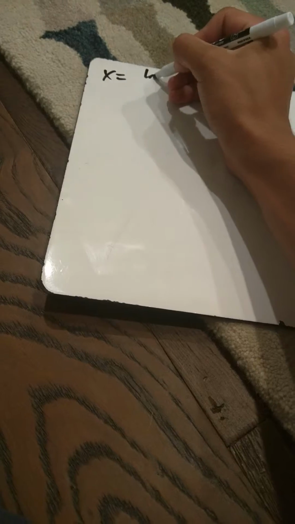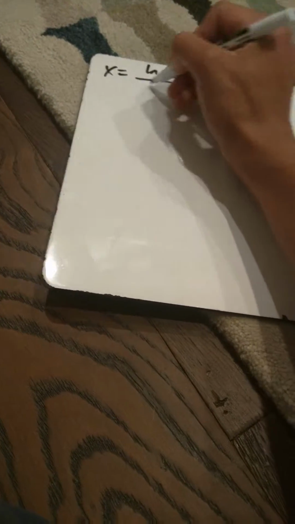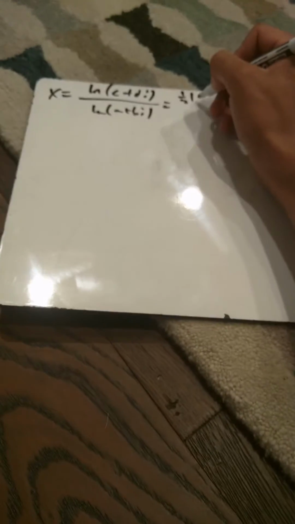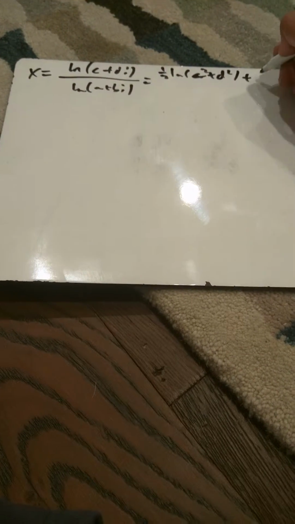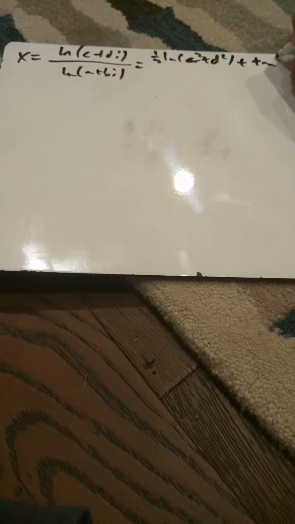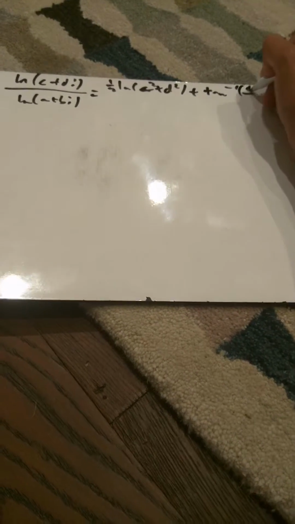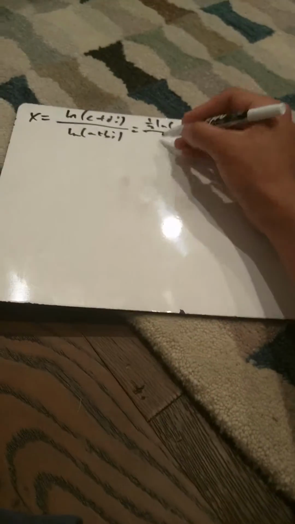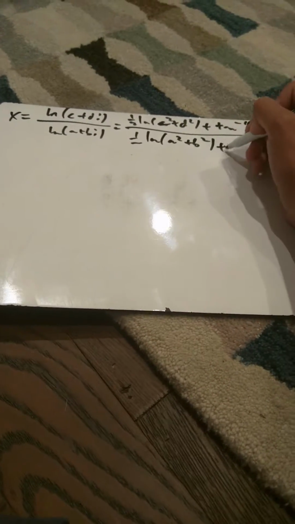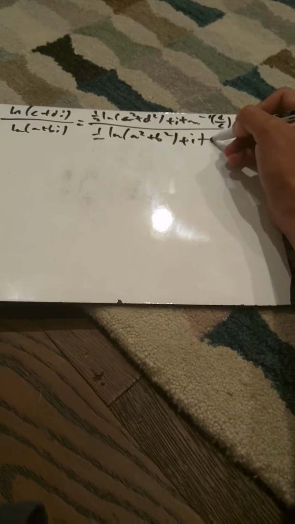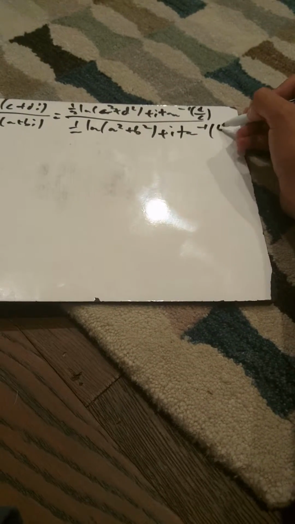So, remember we have x. So x equals ln of c plus di over ln of a plus bi, which equals 1/2 ln of c squared plus d squared plus i arctangent of d over c, over 1/2 ln of a squared plus b squared plus i tangent to the -1 of b over a.